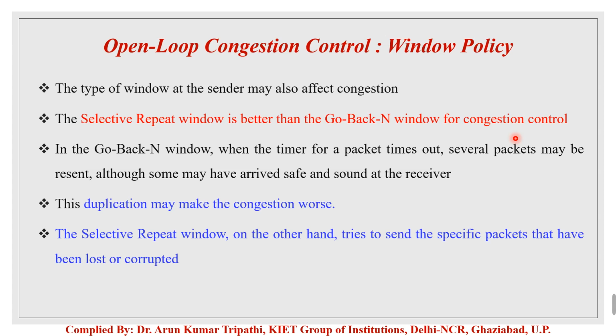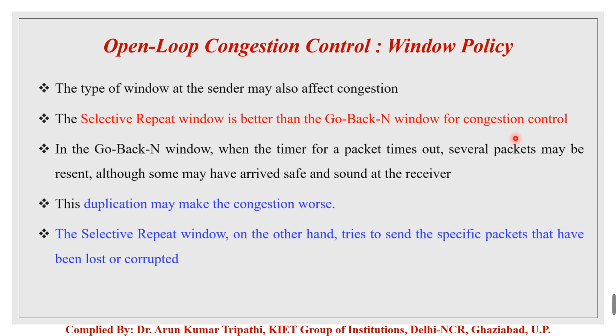As we have discussed at the data link layer and transport layer, there are windows at the sender and the receiver end. At the data link layer, the windows have a constant size; sender and receiver both have the same size. But in TCP, we have seen the window sizes are different.